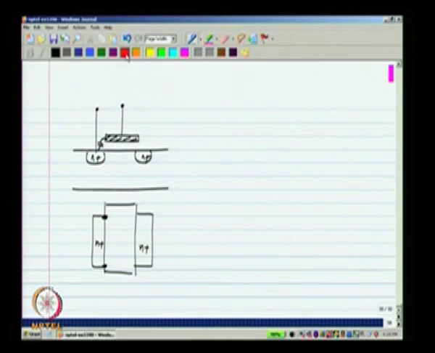And you can easily see that the capacitance will be proportional to the width of overlap, which is nothing but the width of the MOSFET. It is proportional to the width, and the same thing is true for CSB as well.